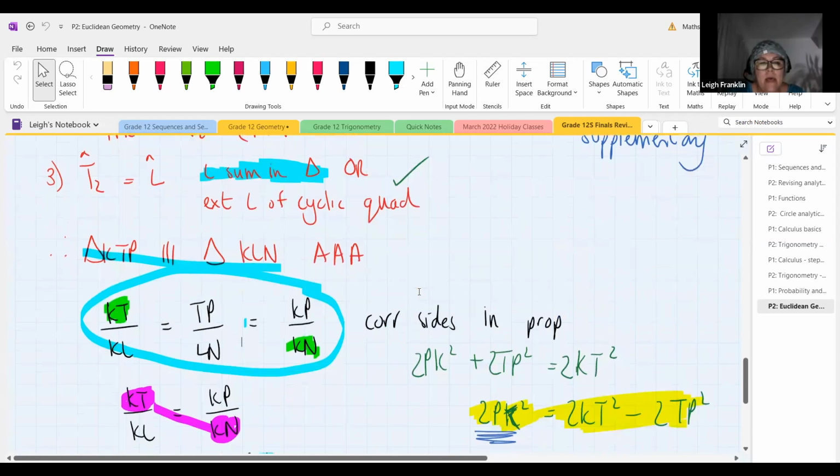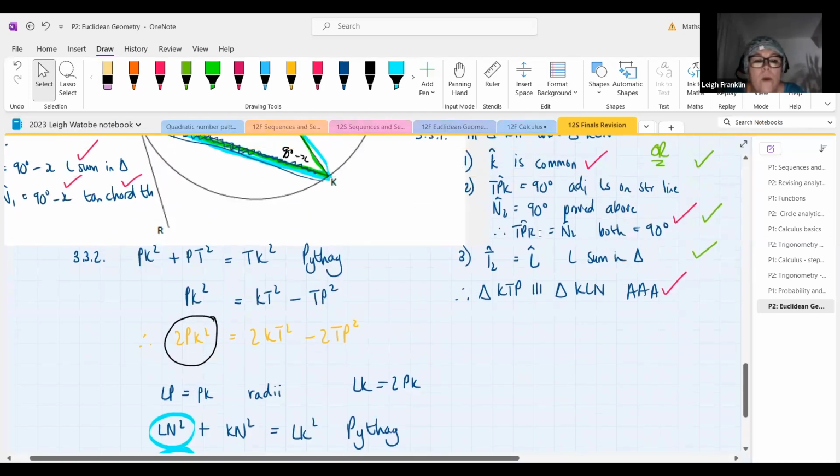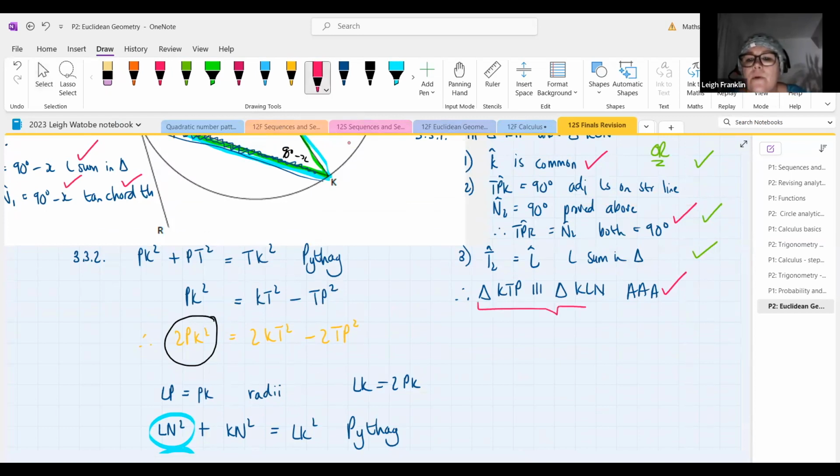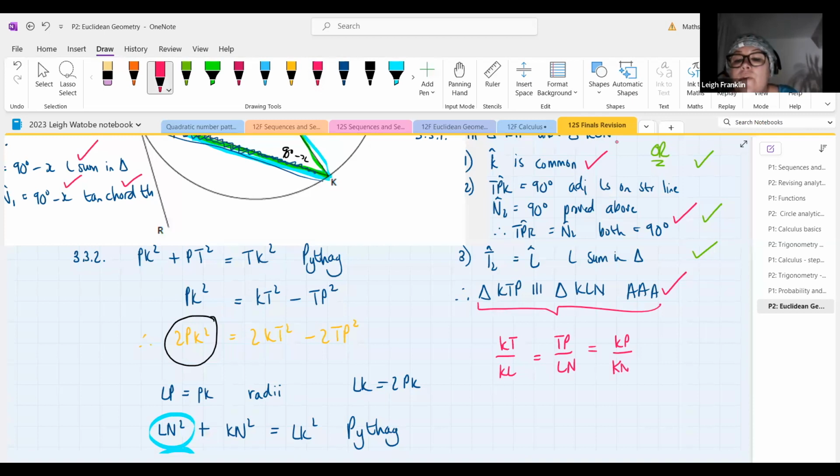So when we proved that these triangles were similar to each other, what we can write here is that KT, the first two, over KL, is equal to TP over LN, is equal to KP, first and last, over KN, because the corresponding sides are in proportion.